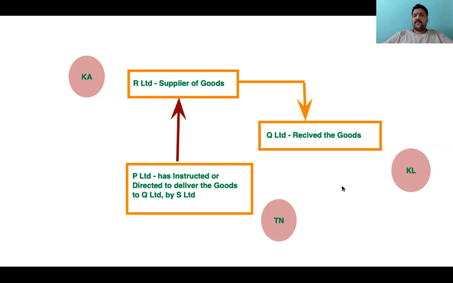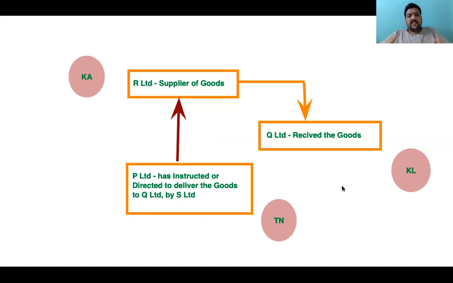Will your place of supply remain the same or would it change? The answer would be the place of supply will remain the same. Irrespective of where you give delivery, we are not bothered at all.